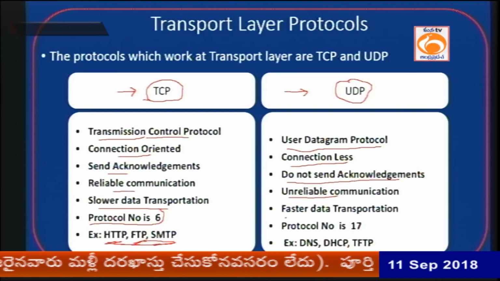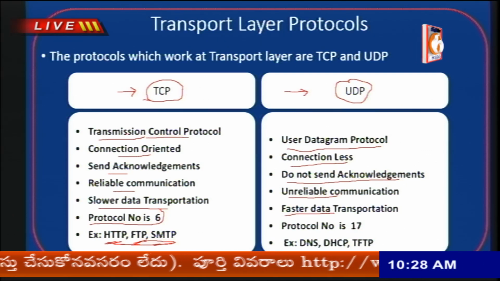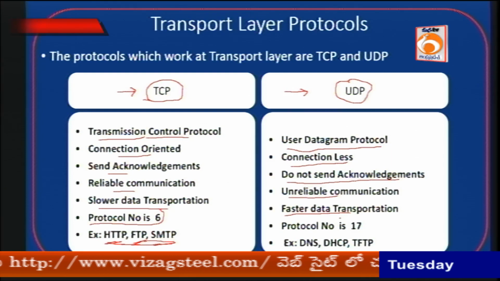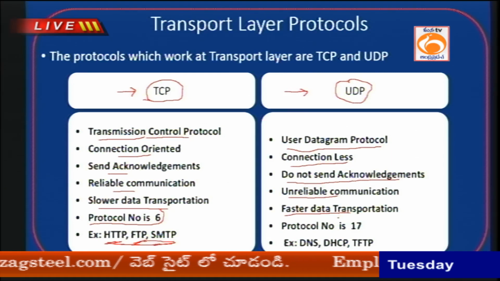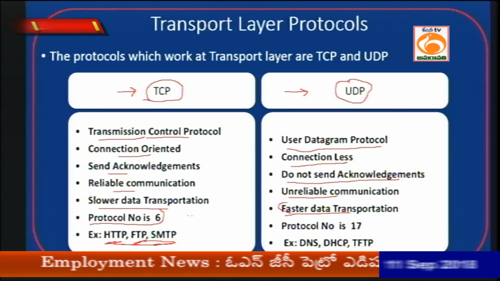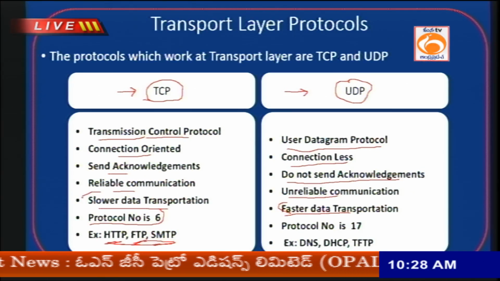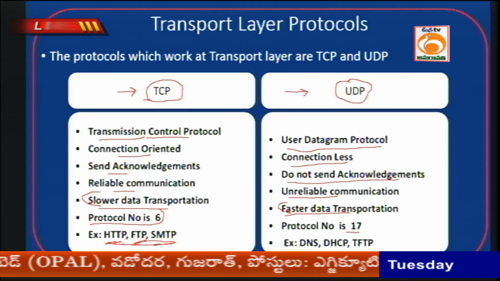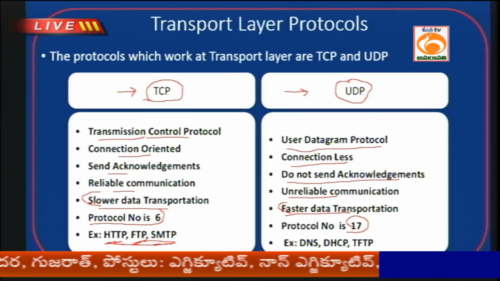The reason this data is sent faster is that we do not have any waiting time. We do not have to wait for the acknowledgement. So, the communication in UDP applications is much faster compared to TCP applications. The protocol number reserved for UDP is 17.